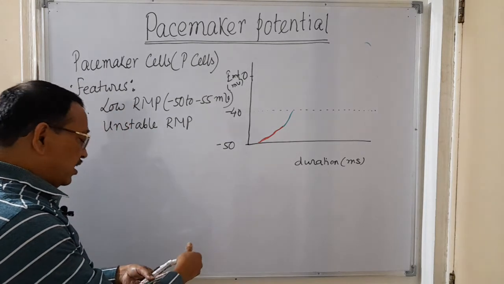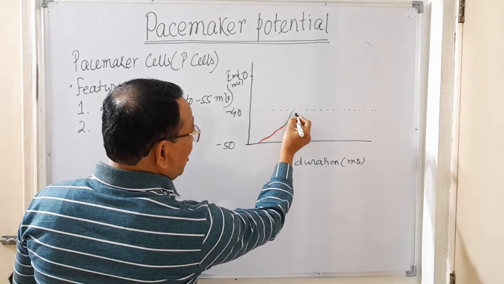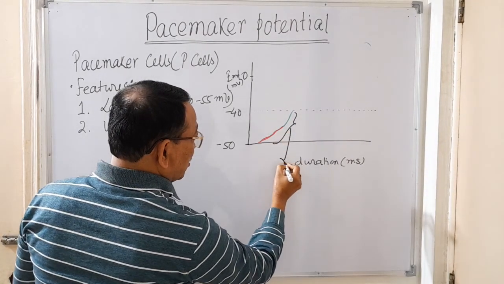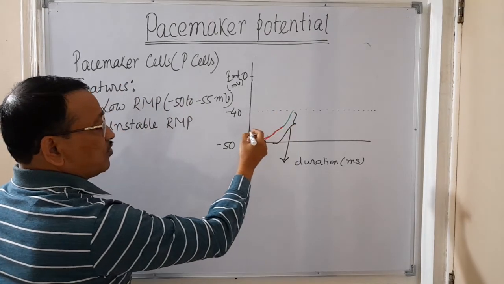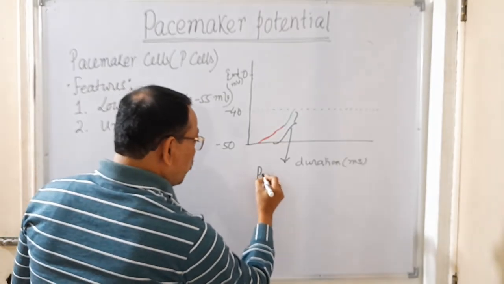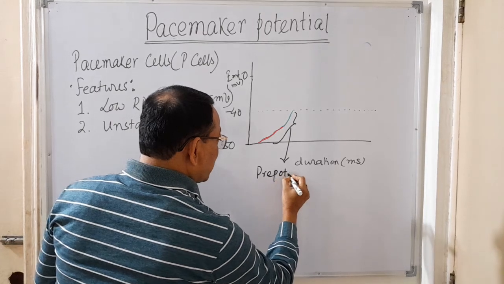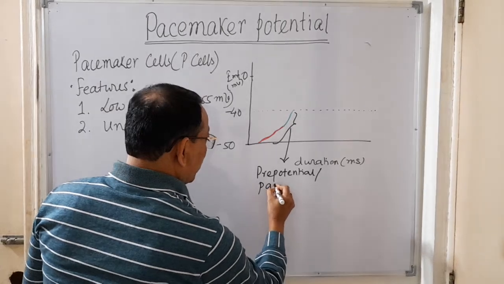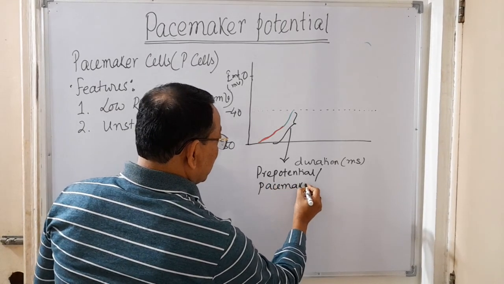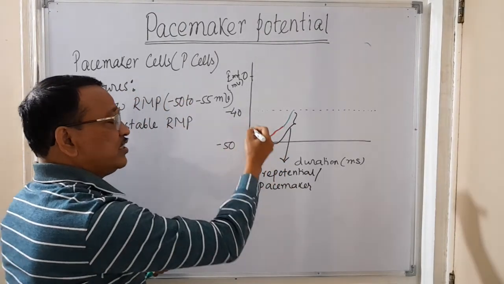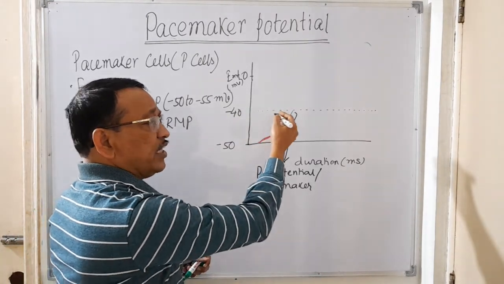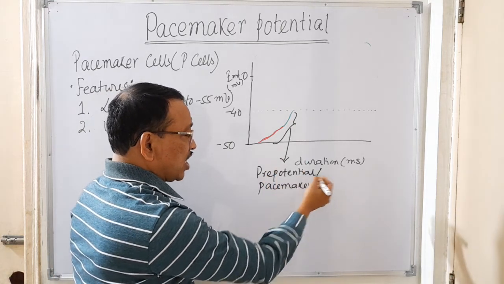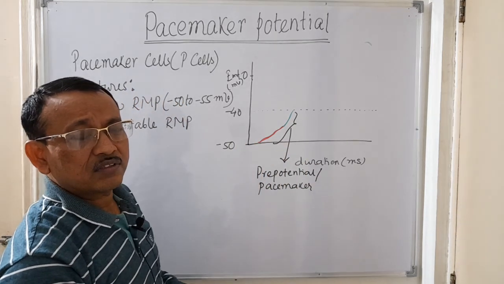Now this entire curve, this part of the membrane potential of the P cell, is known as prepotential or pacemaker potential. So this slow falling of inside electronegativity inside the P cell membrane is known as prepotential or pacemaker potential.